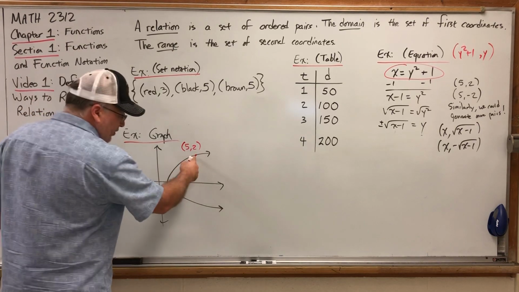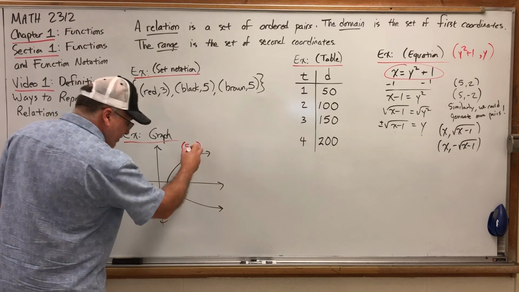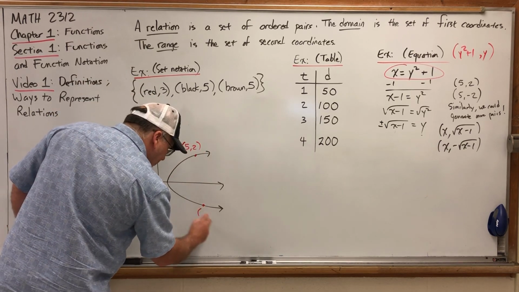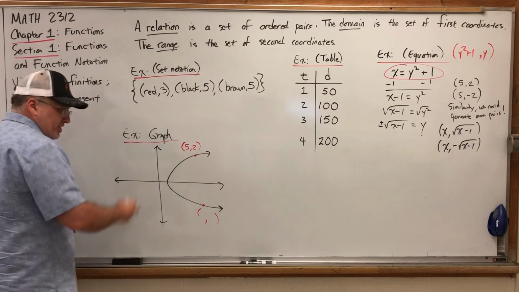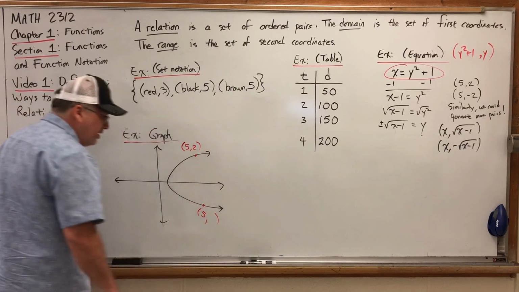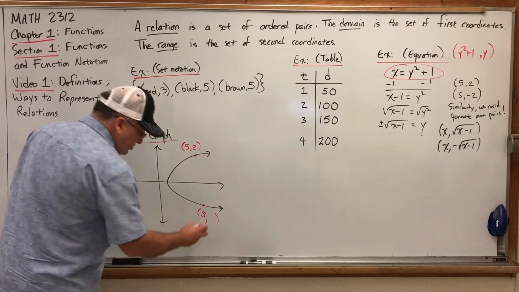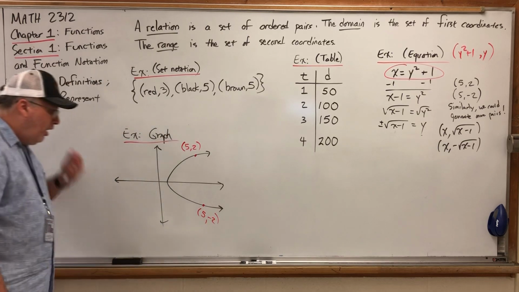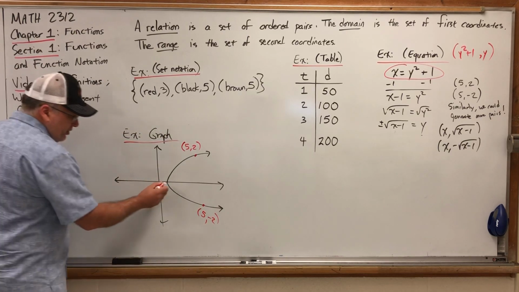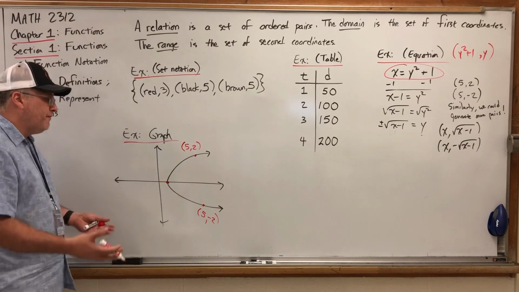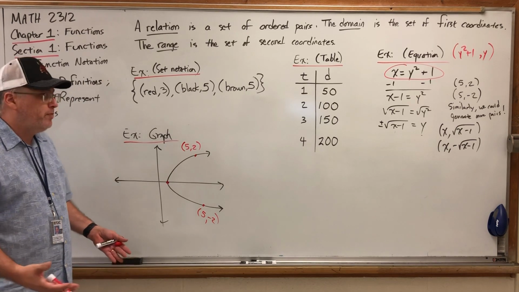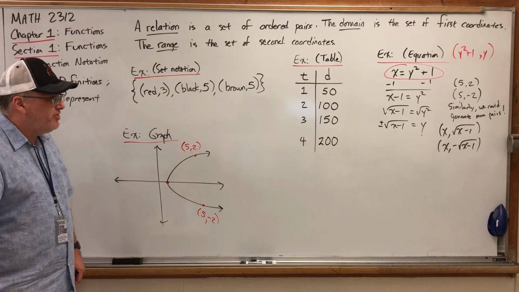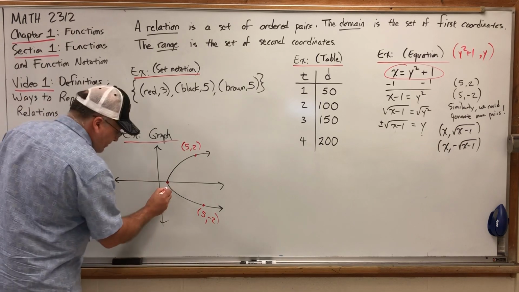By the way, if this were the point 5, 2 and this were symmetric, what do you think the point down here would be? Well, it's over the same amount, so it would still be 5, but if it's symmetric, then instead of up 2, it's down 2. What about this point over here? Well, again, without further information, we're just speculating what its ordered pair is. But let's say for the moment that it's 1, 0.